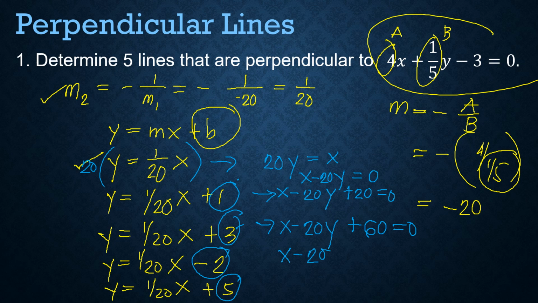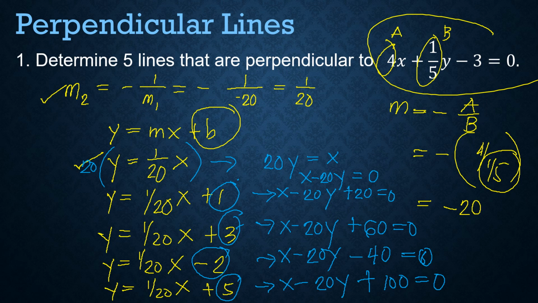X minus 20y, so 20 times negative 2 is negative 40. And x minus 20y plus 20 times 5 is 100. So this will be the general form of the equations.